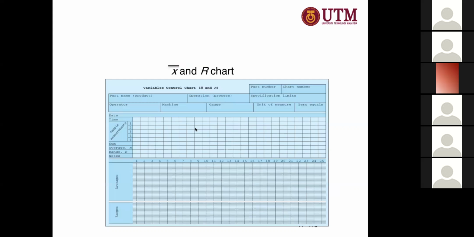So this is an example for the table that we should put the data in. And if you look at here, sample measurement, this is what we call sample. And each time we take the sample, we call subgroup.